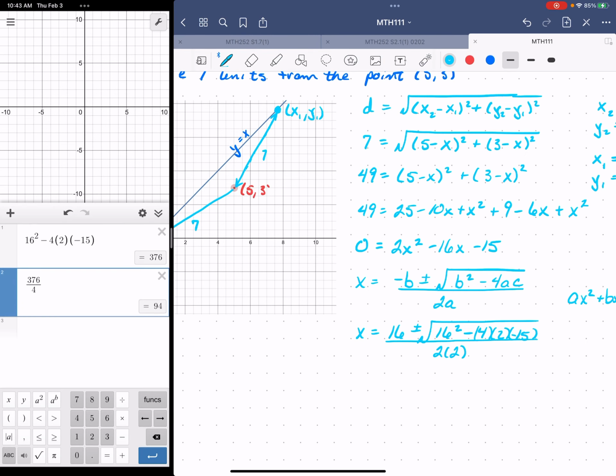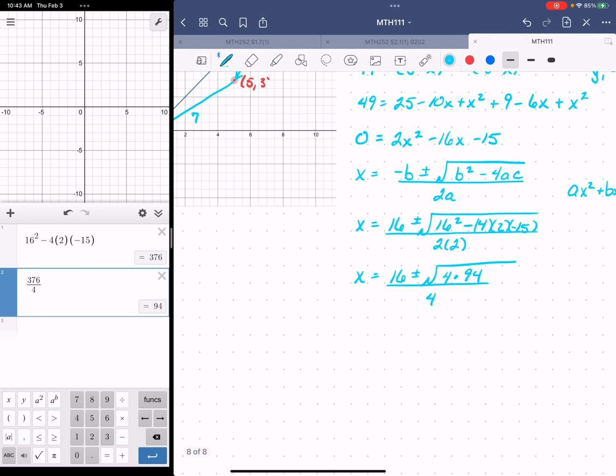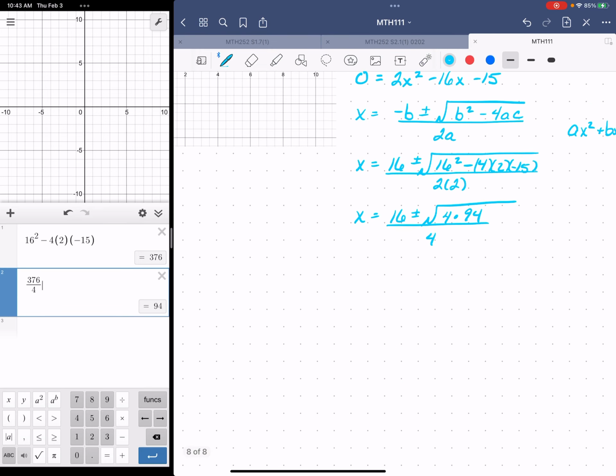So why did I want to do that? Well, because now what I have is 16 plus or minus the square root of 4 times 94, all over 4. I can pull out that square root of 4 to make it a 2 on the outside. Now we'll distribute the 4, and I've got x equals 4 plus or minus 1/2 the square root of 94.